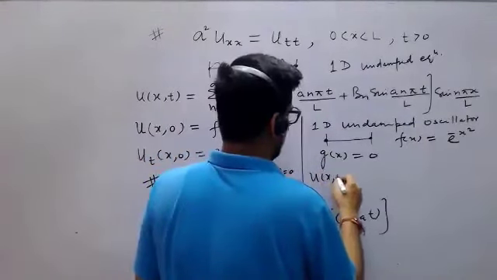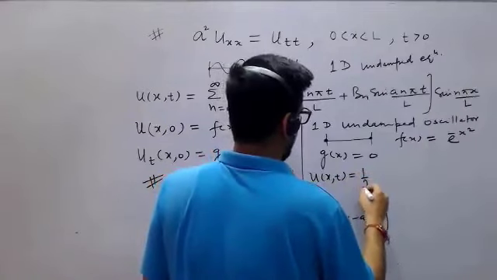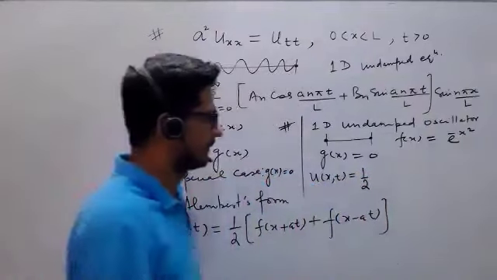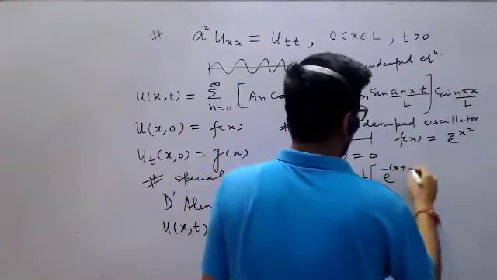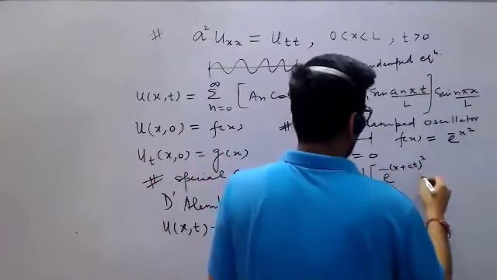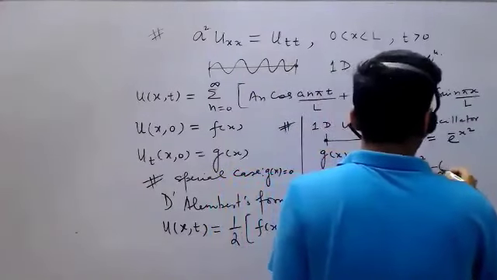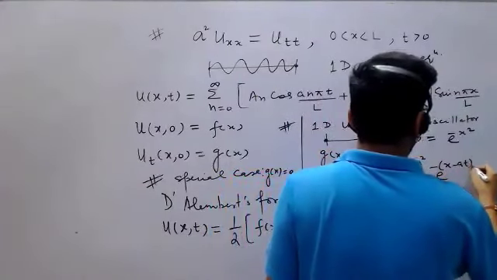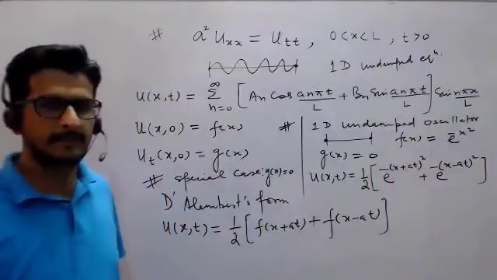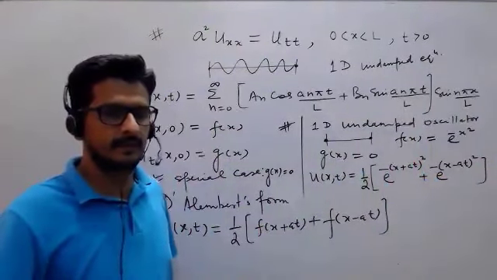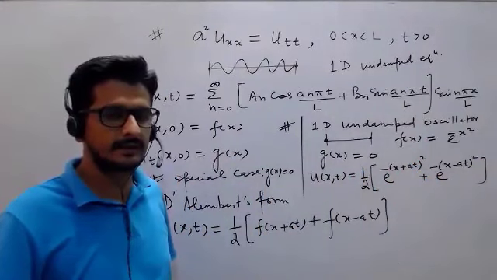u of x comma t is equal to half of e to the power minus x plus at square plus e to the power minus x minus at square. Correct?